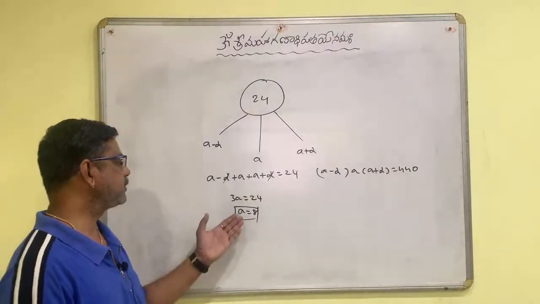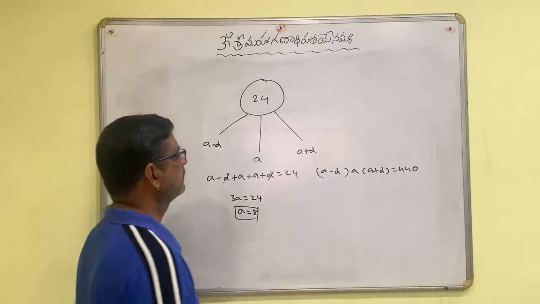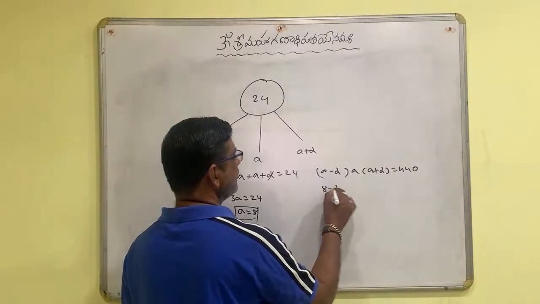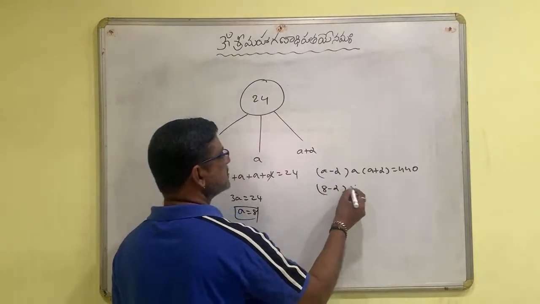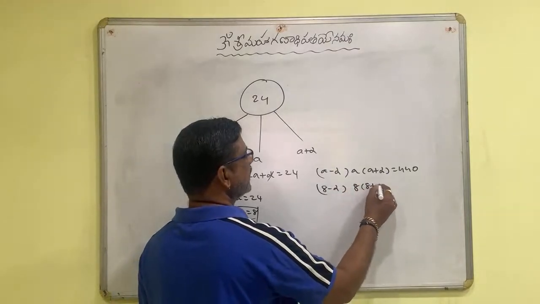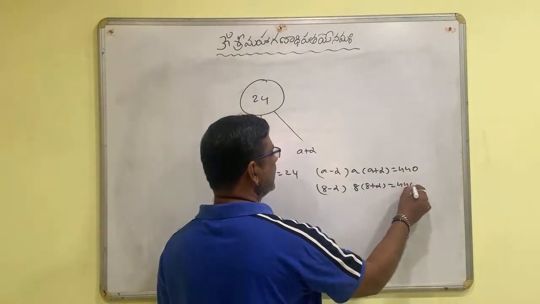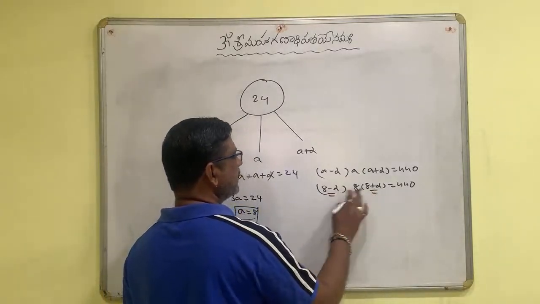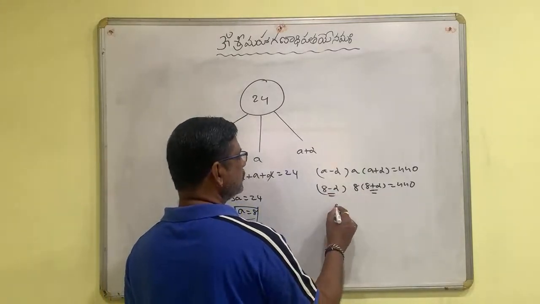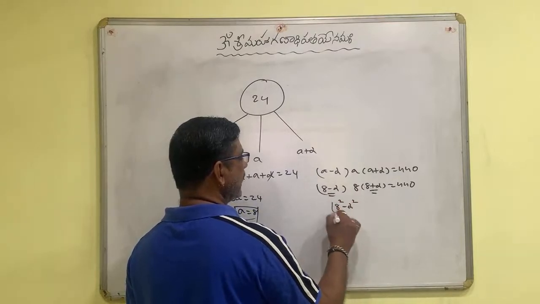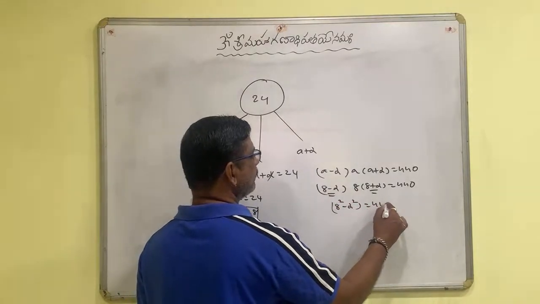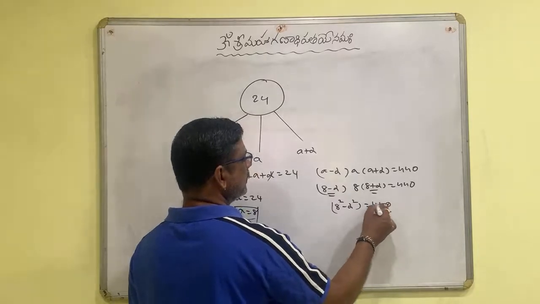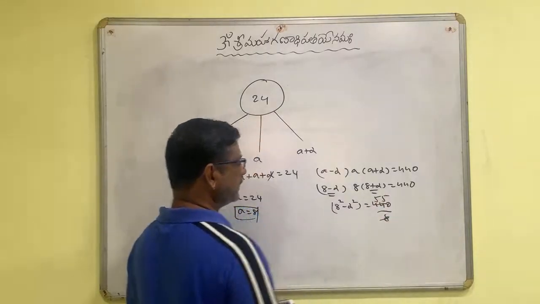Now, substitute the A value: 8 minus D, 8, 8 plus D, product is 440. So 8 into (8 minus D)(8 plus D) is 440. These two are in the form of A minus D into A plus D, so A square minus D square is equal to 440 by 8. 8 fives are 40.